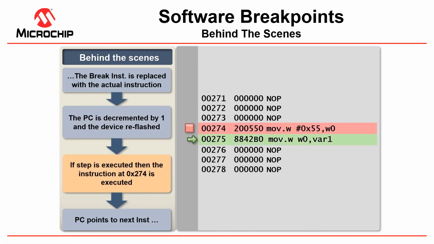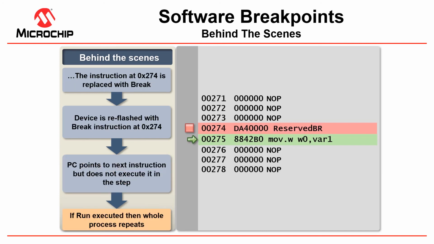The original instruction is then executed as you step over or run the program. So the program counter again points to the next instruction. As you step over that original instruction, MPLAB X again puts the break instruction back by reprogramming the microcontroller so that you can hit the breakpoint again. Then the whole process repeats itself.